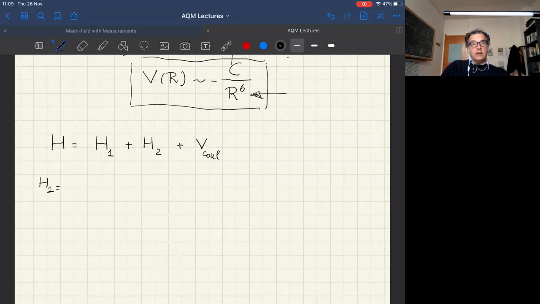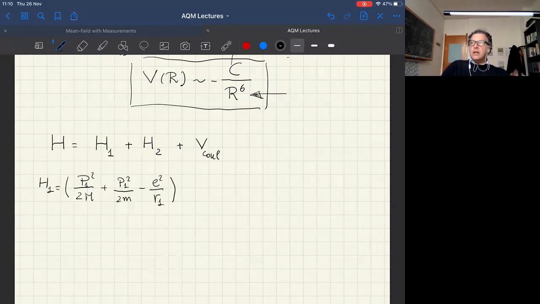So you have p squared over 2m plus p1 squared over 2m, so the electrons and the proton, and then you have the interaction between them, so you have e squared over r1.